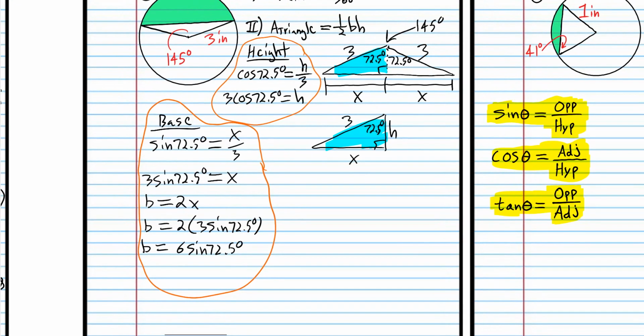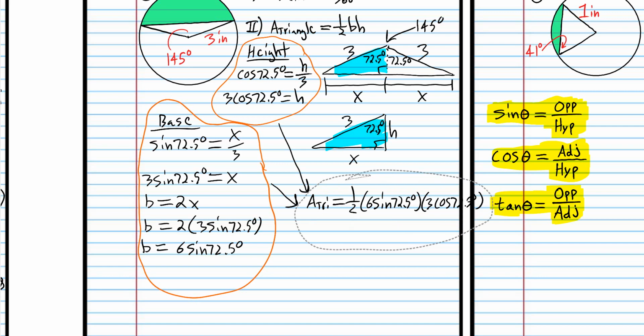So now that we have that information, we can use it all to find the area of the triangle. That's 1/2 times the base times the height. Let me shrink that a little bit. And now we can get out our calculator.